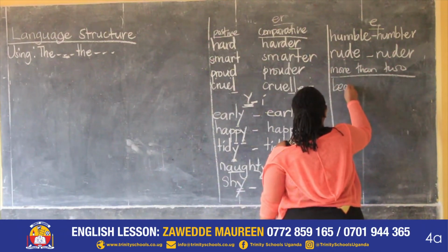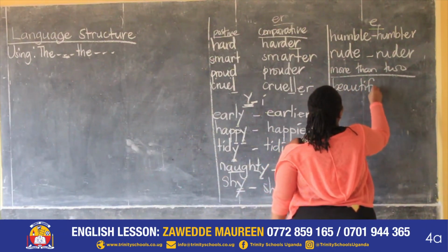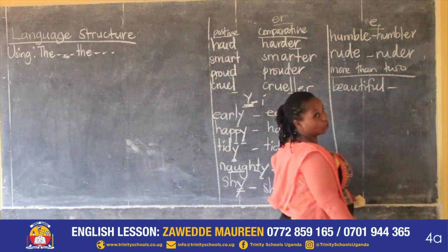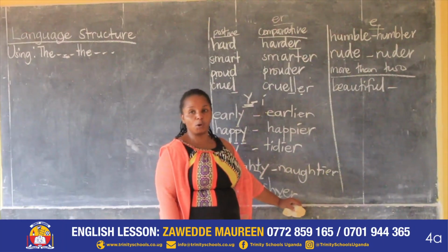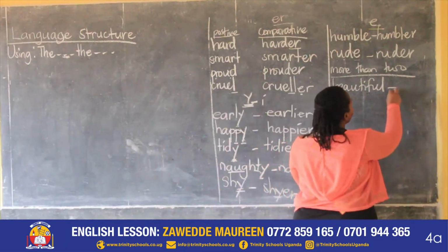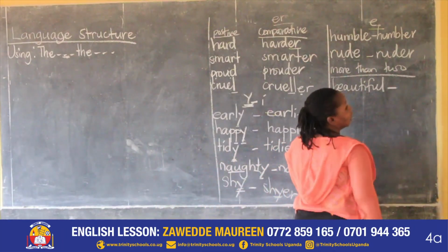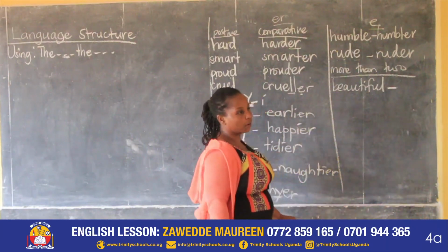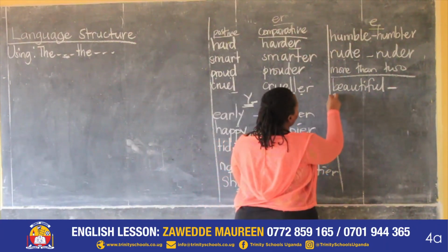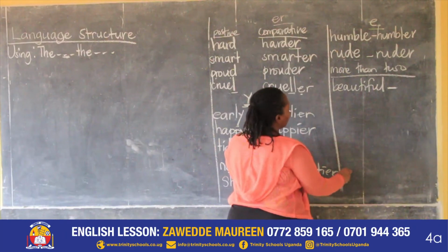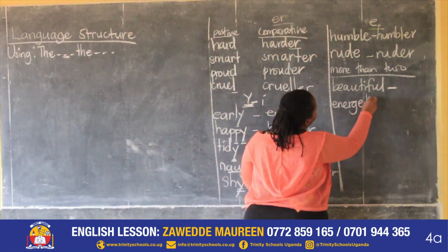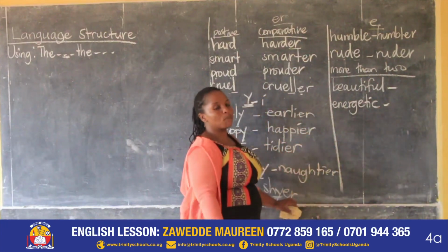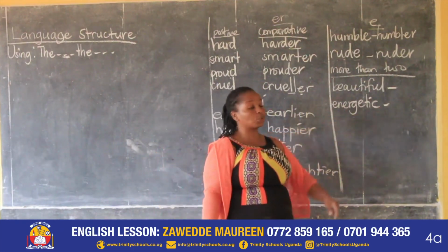For such words, you just add the word more and say more beautiful. I can say Magero is more beautiful than Maureen. Then we have the word energetic. More energetic, more than two syllables.